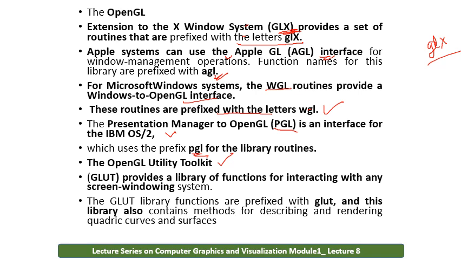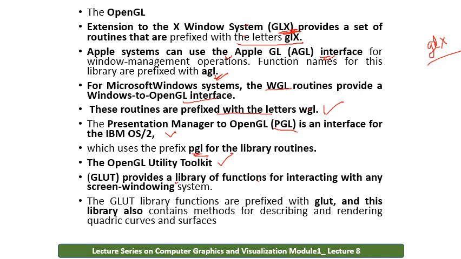This OpenGL Utility Toolkit is what we use for providing graphics applications across operating systems. This toolkit provides a library of functions for interacting with any screen windowing system.